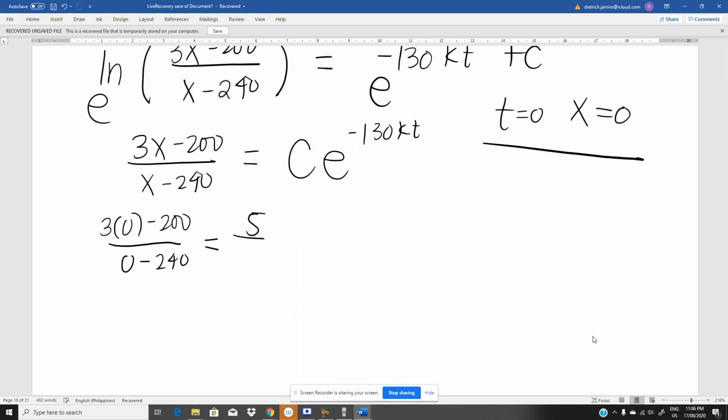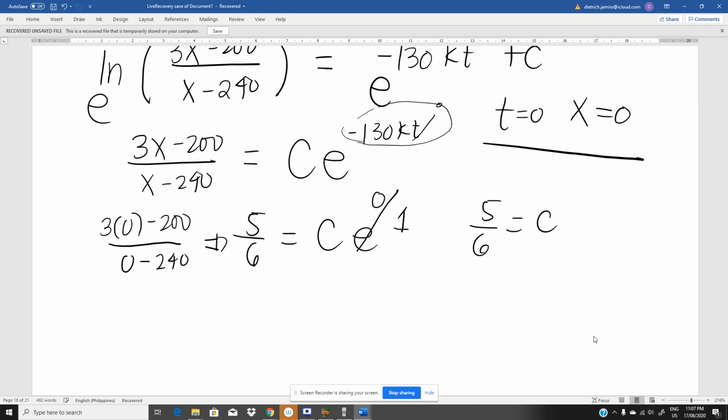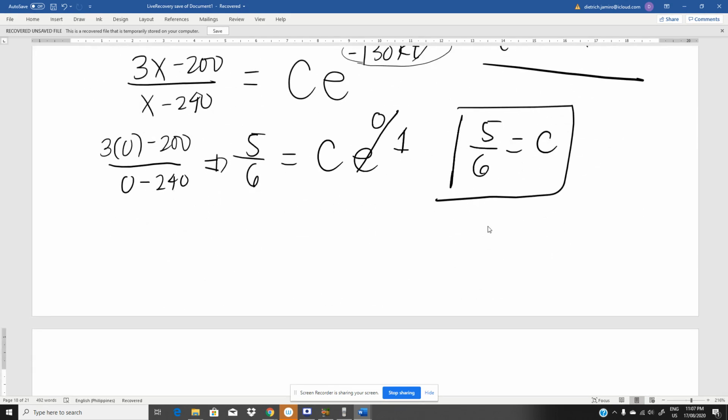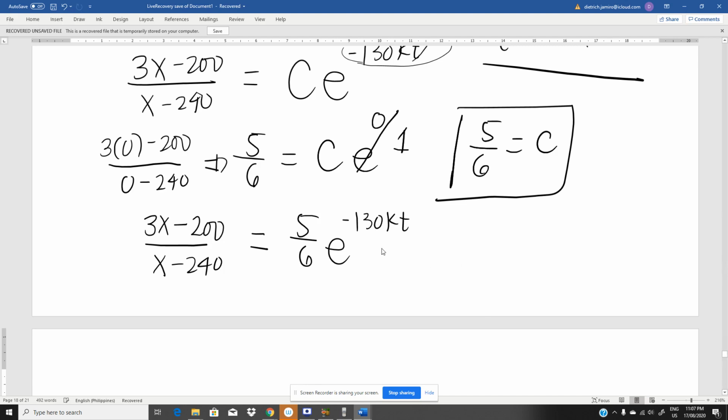That is equal to c times exponential of 0, and this term becomes 1, so 5 over 6 is equal to c. Substituting this into our equation, 3x minus 200 all over x minus 240 is equal to 5 over 6 multiplied by exponential of negative 130 kt.